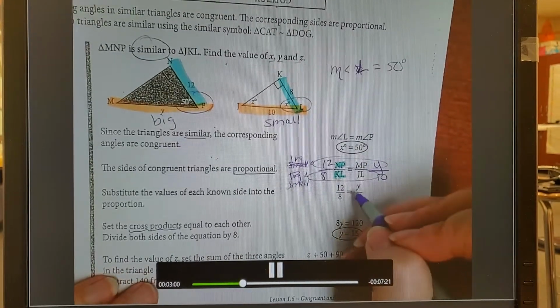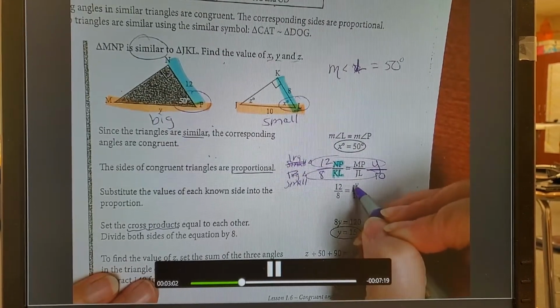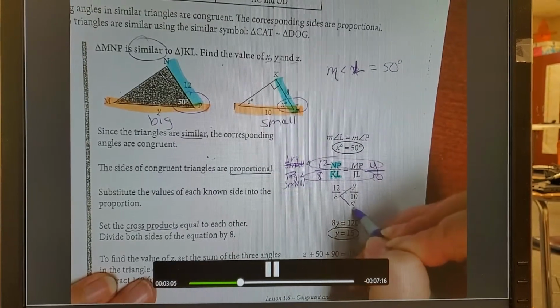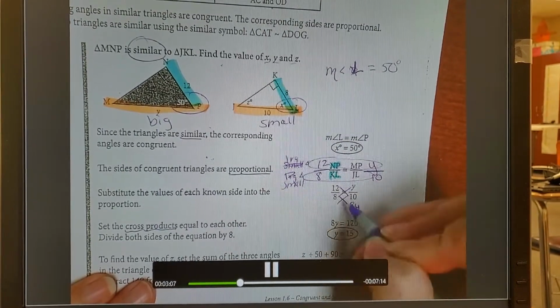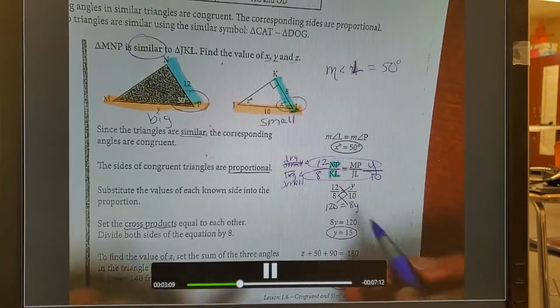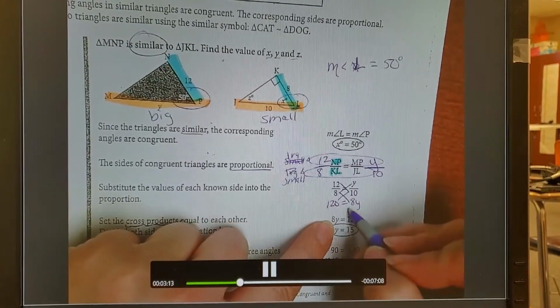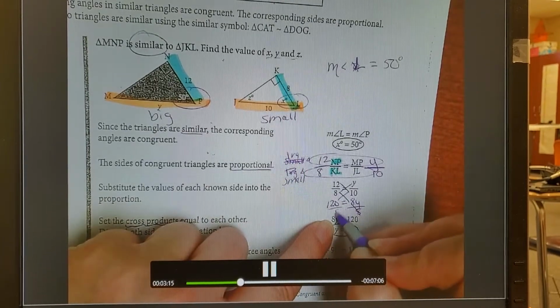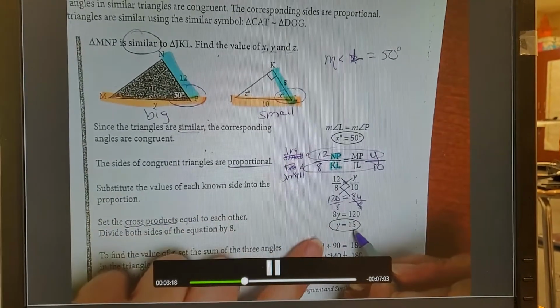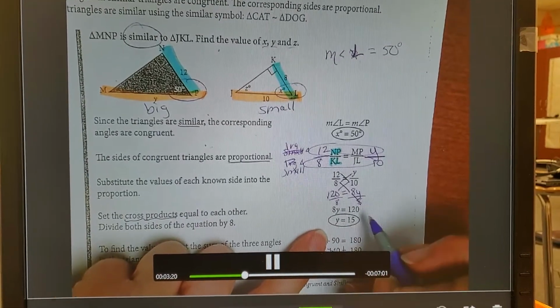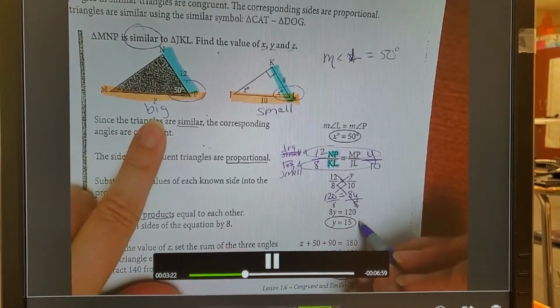So we've got 8y, and 12 times 10 equals 120. Same thing as 8y equals 120. They've just been flipped. Either way, we can go ahead and solve, divide both sides by 8, and y equals 15. We know the length now of that side MP.